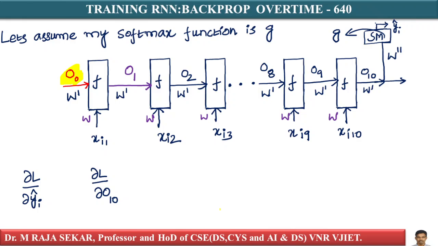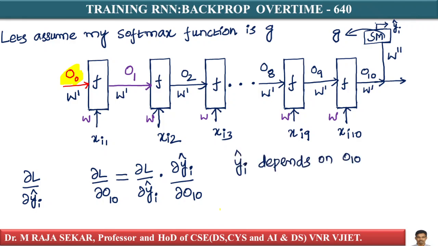Dou L by dou O10 equals dou L by dou yi cap times dou yi cap by dou O10, because my yi cap depends on O10. That's important. My yi cap is a function of O10. So I can compute this derivative with respect to O10 by just the chain rule.